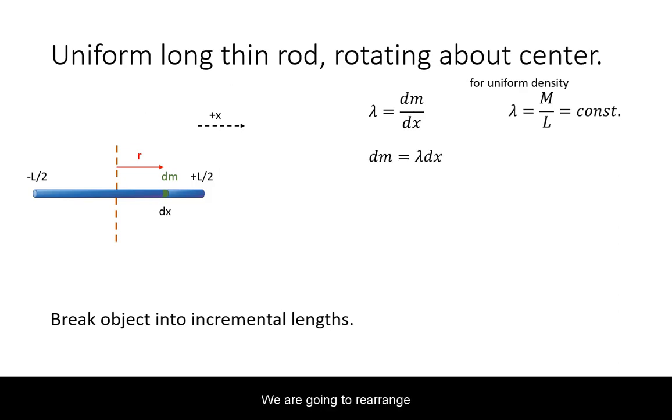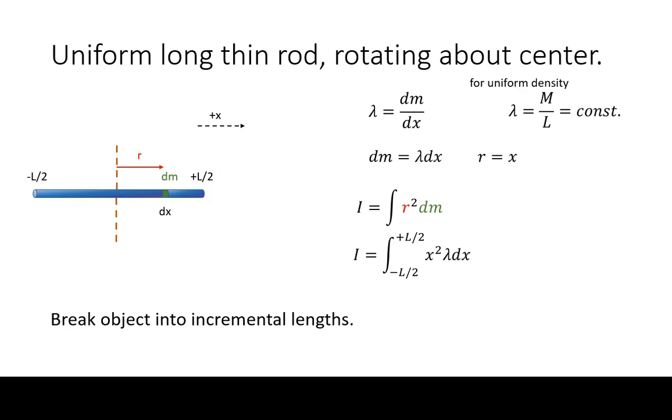We are going to rearrange for differential mass and also substitute in for radial distance into our integral. The limits are taken from one end of the rod to the other end.